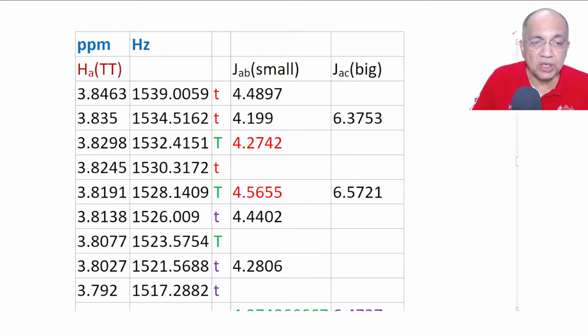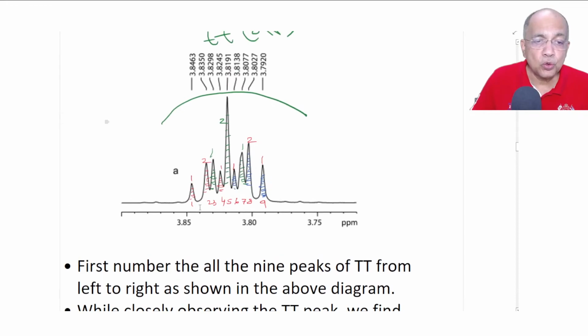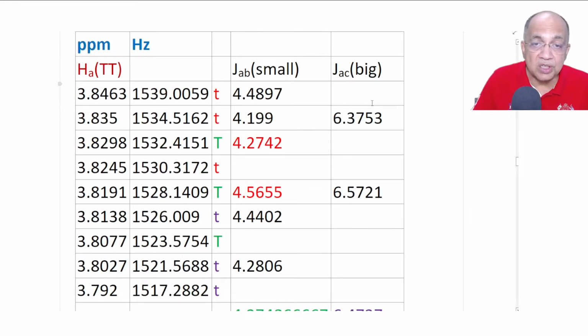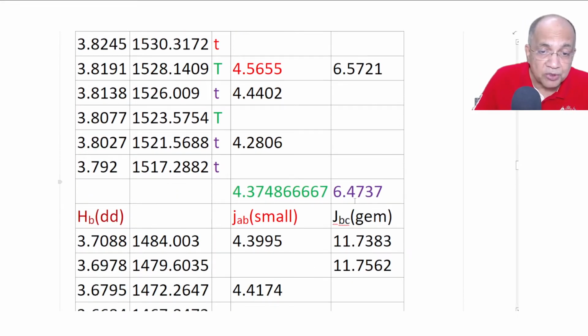So if you look to the graph, it is 2 minus 5, the midpoint of the first triplet, the midpoint of the second big triplet. Similarly, the second big triplet and this one, the midpoint of the third triplet. So we found out this. I am not going to show you anymore. This is the big J value and I have taken the average.